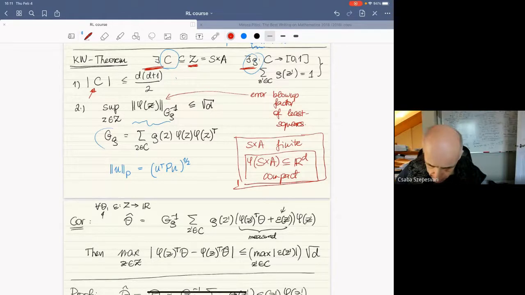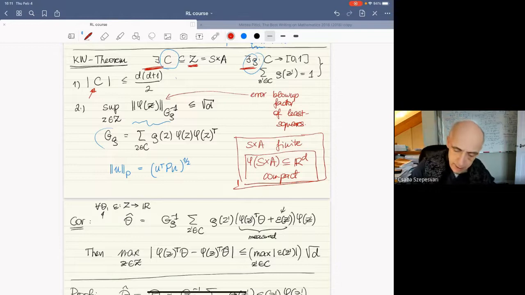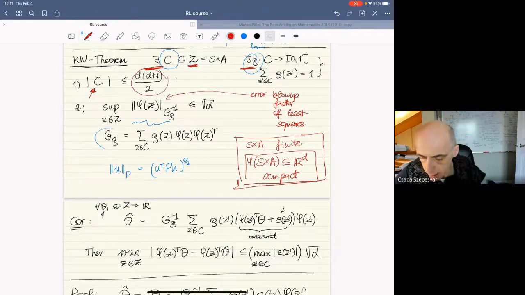And the last time we discussed that to find these, maybe you have to look everywhere. So you can't find good design points, the set C, with similarly small cardinality, and then the rho on top of it, without looking everywhere.